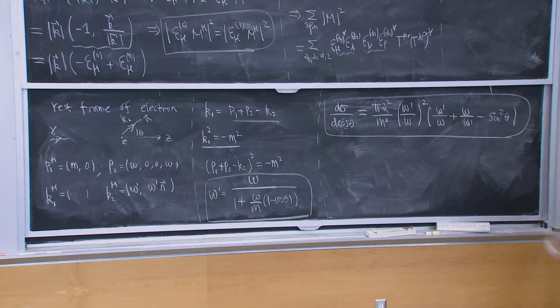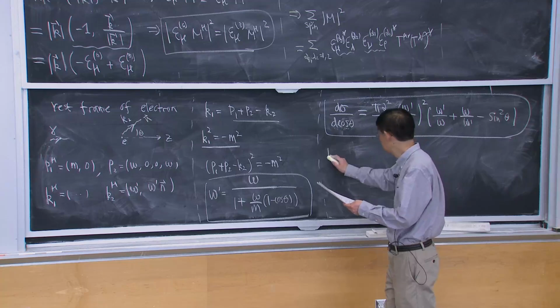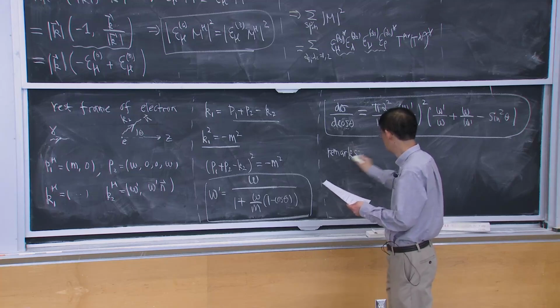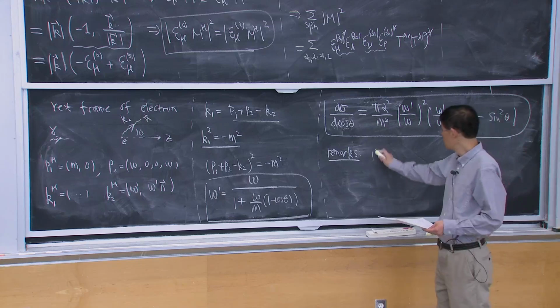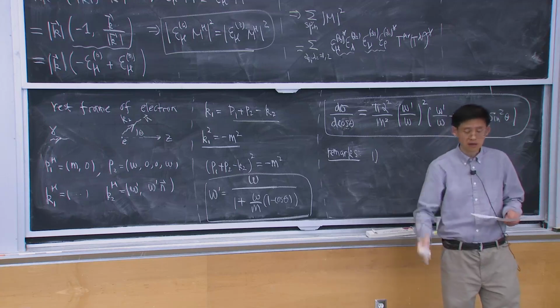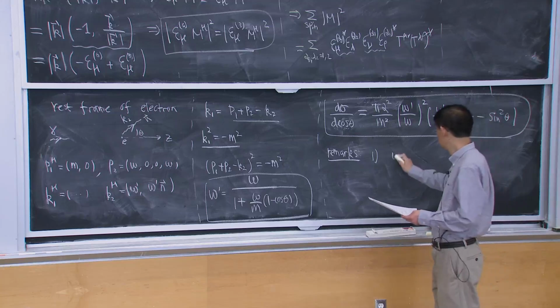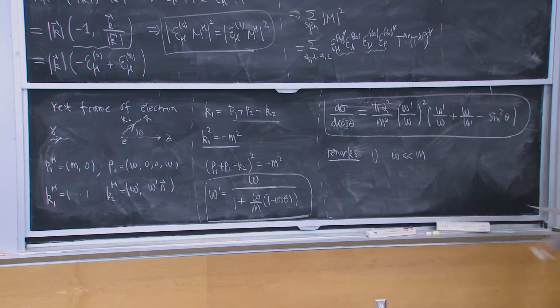Okay, so this formula actually contains a lot of physics. Let me just describe some of it. Let's first consider the regime where the photon has very low energy, just low energy light shining on the electron. Suppose the photon frequency is much smaller than the electron mass.